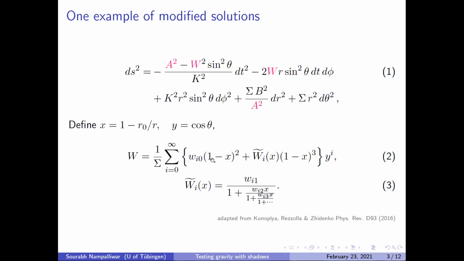The function is a bit involved, but I would only like to emphasize that we are going to look at W01, which is associated with W, and A01, which is associated with capital A. The most important thing to keep in mind here is that A01 affects the tt and the rr component of the metric, and W01 affects the tt and the t-phi component of the metric. So this is the modification of GR we are going to explore.